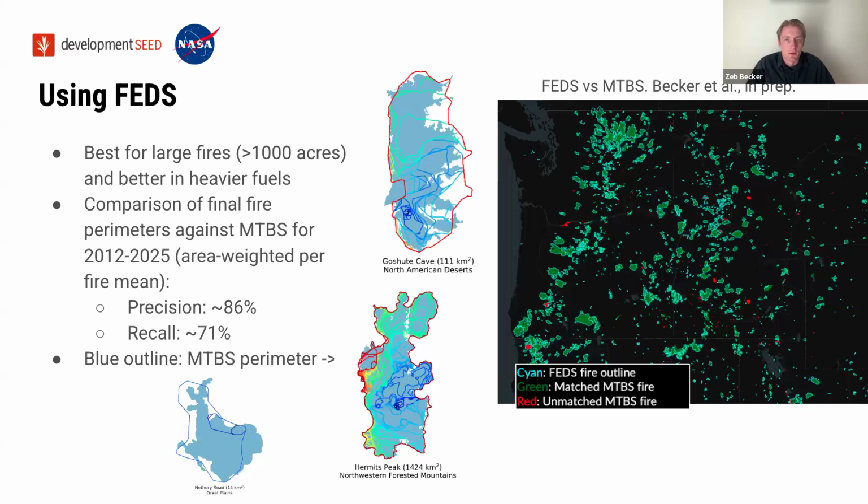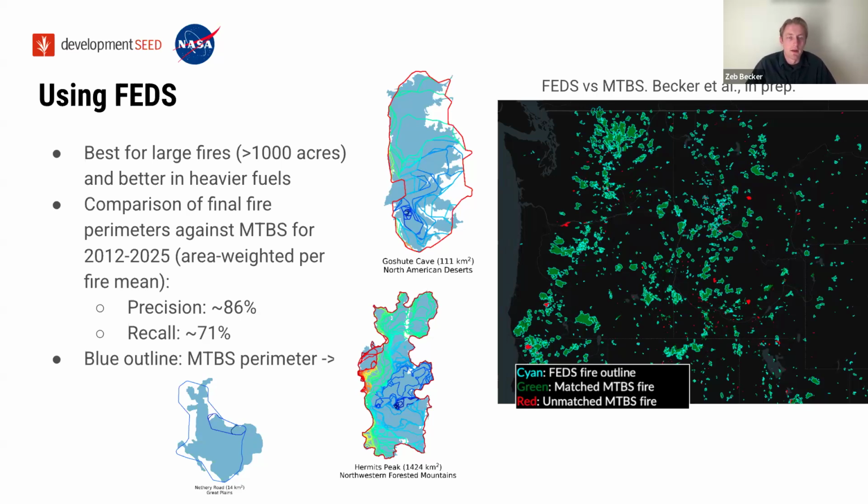Finally, I want to mention NIROPS. NIROPS perimeters are produced by having a plane with an infrared sensor actually fly over the fire. Those are typically going to be higher resolution and more accurate than FEDS perimeters. The trade-off is that it's a limited aerial resource, so it's quite expensive to operate the NIROPS platform. During periods of peak demand, it's pretty common that it just can't hit every incident that's requesting it.